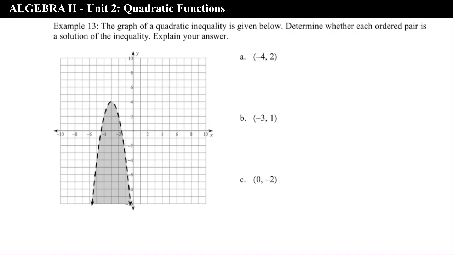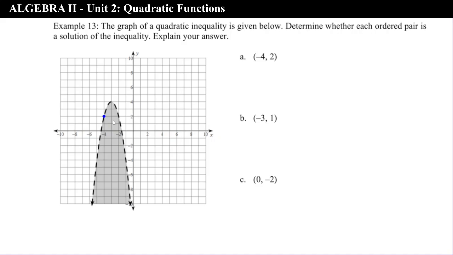So for example 13 here, we have the ordered pair negative 4, 2. Okay, and it asks us to determine if it's a solution, and whether it is or isn't, we need to explain our answer. Well, let's see where negative 4, 2 is. So negative 4, 2 would be this point right here.